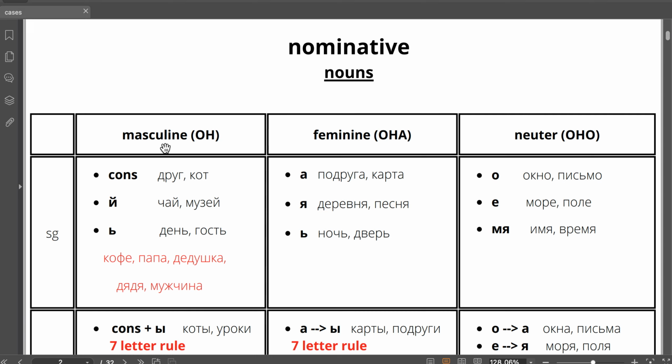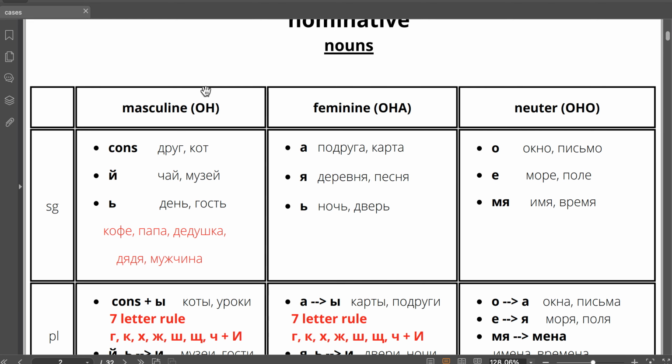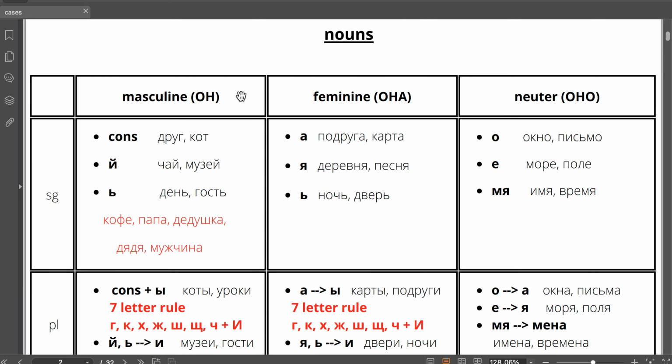We have masculine, he gender, он gender. We have feminine, she gender, она gender, and neuter, it gender, оно gender. And it's so important to know which noun is masculine, feminine, neuter. We have some special rules how to identify these genders.